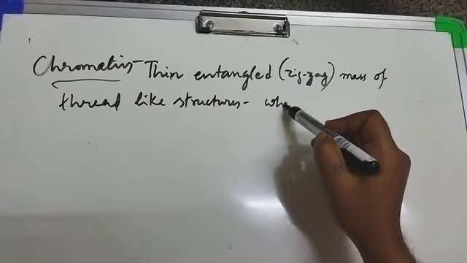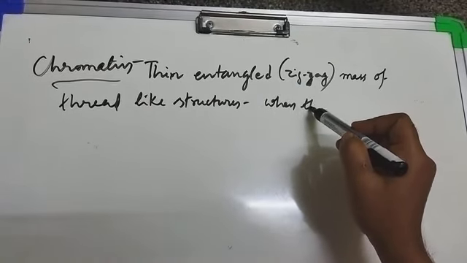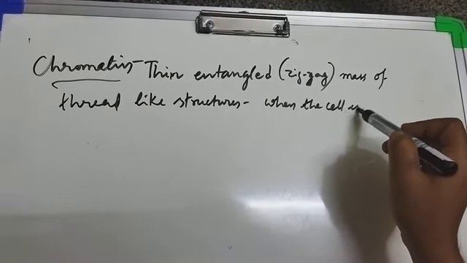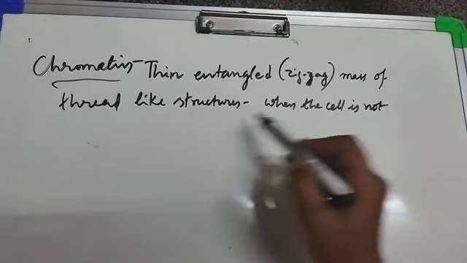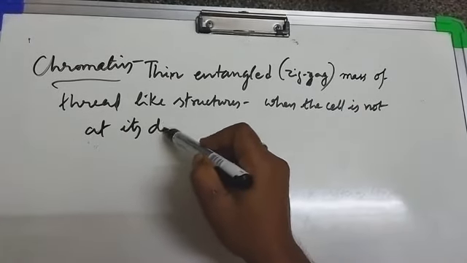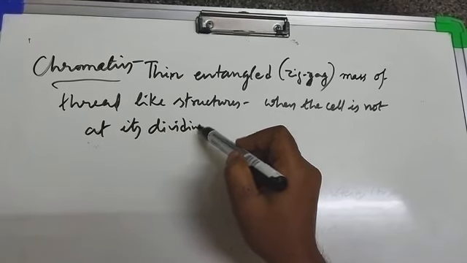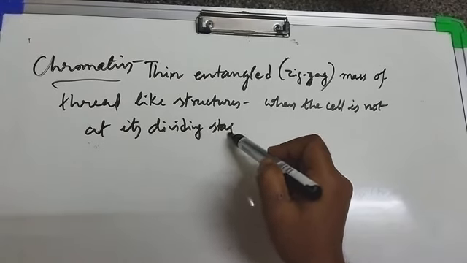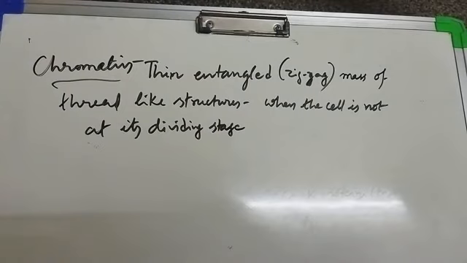When the cell is not at its dividing stage, this zigzag structure is going to be present. Okay.